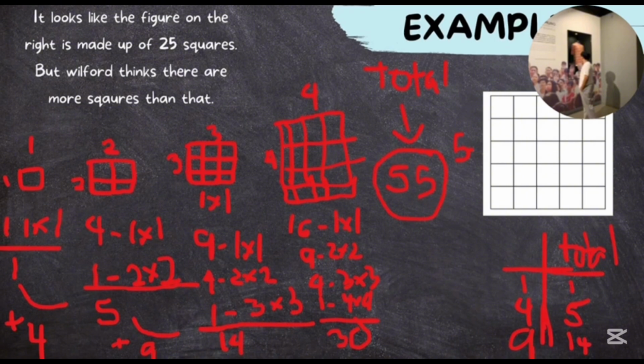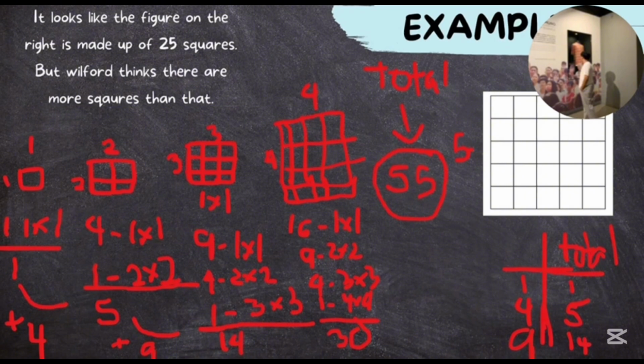So, next is 4 by 4. So, masyadong mataas na number. So, titignan mo ulit yung ilan yung 1 by 1 sa loob ng 4 by 4 na yon. So, bibilangan mo lang. So, equals to 16. Next is, kung ilan naman yung 2 by 2. So, equals to 9.